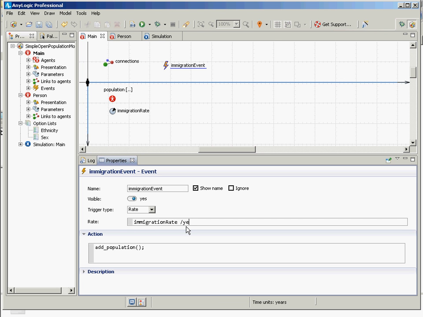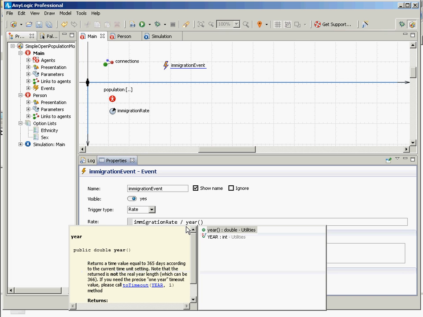Can you show the autocomplete so it will show the manual of this function? Yeah, I see. It returns the time, equal to 365 according to the current time unit setting.